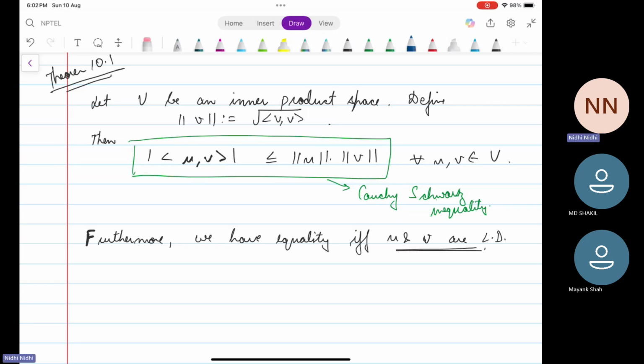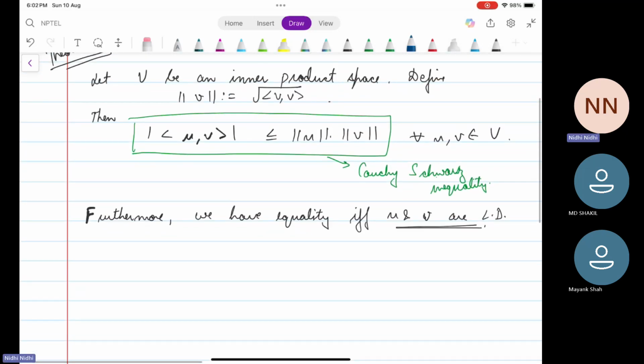By linearly dependent, if you remember, you must have done this in your linear algebra course. We say two vectors are linearly dependent if there exist some alpha, beta, not all zero, that means both of them cannot be zero together, such that alpha u plus beta v is equal to zero.